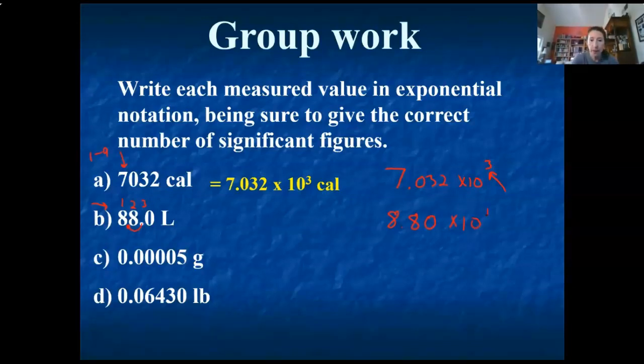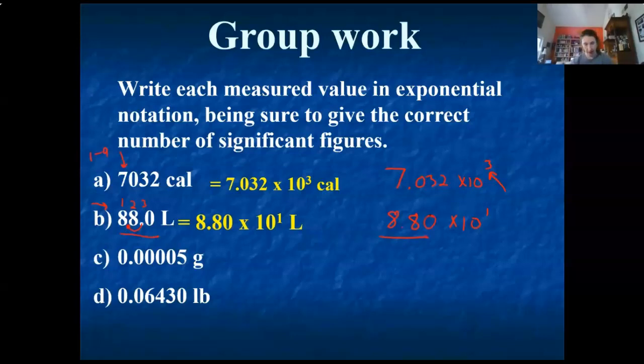Now, the reason we have to keep this 0 here is because if we don't, this only has 2 significant figures. This had 3. We have to keep the same number of significant figures, right? And so we have to keep it 3. Now for C, how many significant figures does C have?